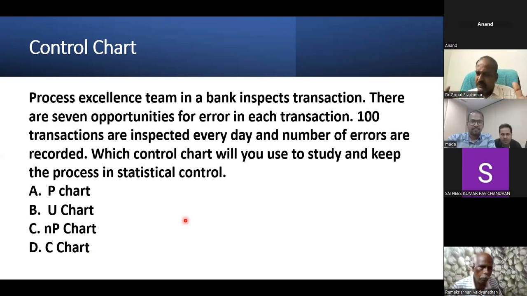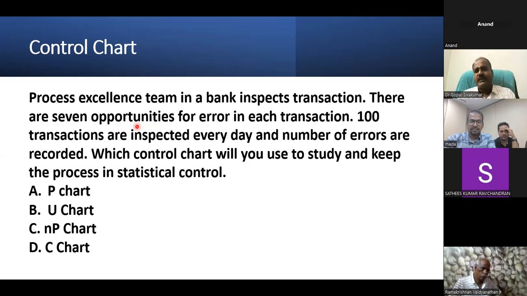So if anything goes wrong, how are you classifying? You are going to declare. If you consider each and everything as a defect, then it is a defect only. But defective means complete failure. Here their language clearly says there are 7 opportunities for error.